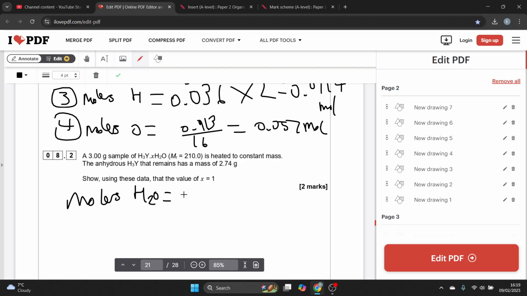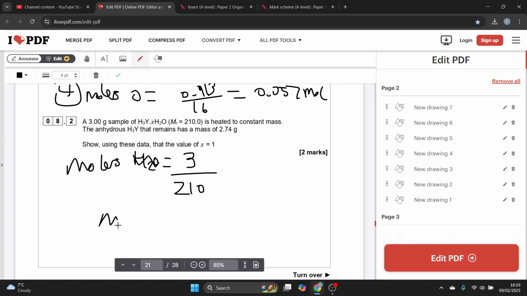Well, it's going to be the mass, the moles of this divided by the Mr, and therefore to find out the Mr of H3Y, it's just going to be the mass over the moles.